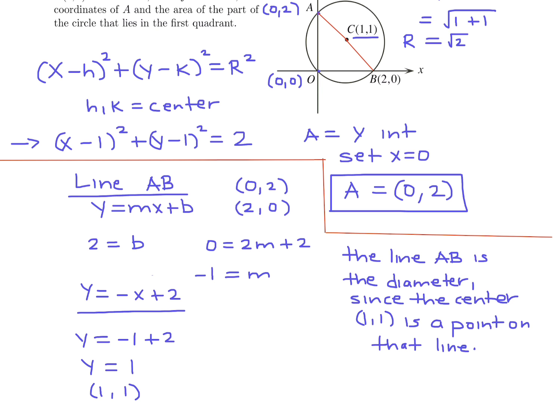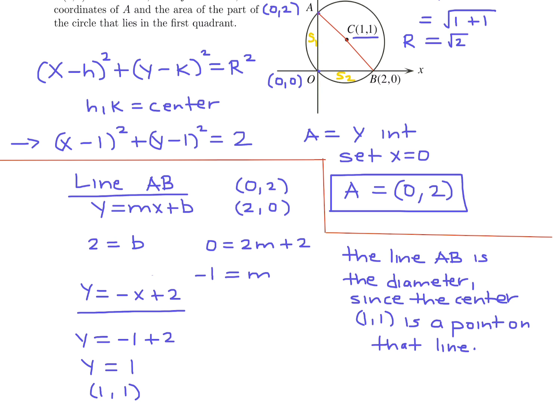All right, so now we have to figure out the area of the circle, but only in the first quadrant. So how do we do that? Well, the good news is that since that's the diameter, we can figure out the area very quickly. I'll call this S1, and I'll call this S2. Any letter you want, really.